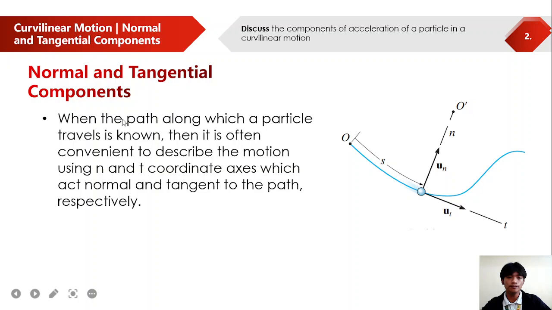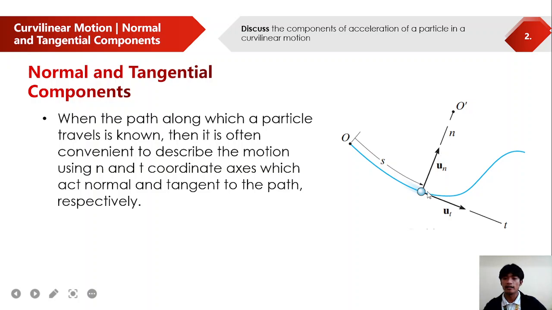So it is another way of describing the path of our particle. If the path the particle traveled is known, then we can use these normal and tangential components, where your n and t coordinate axes.